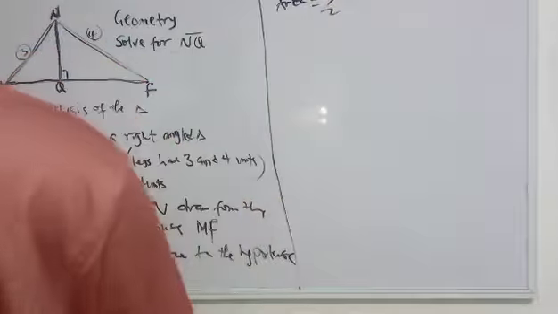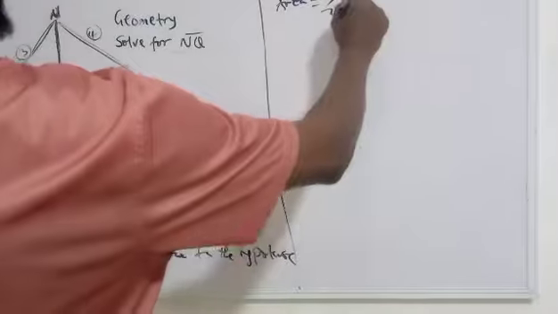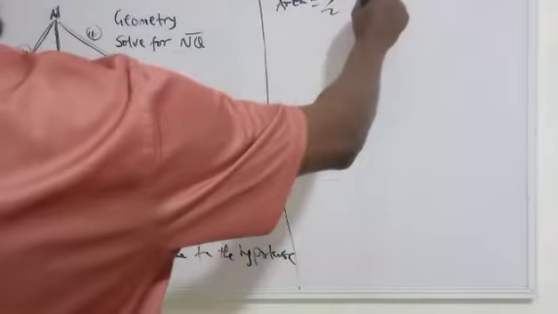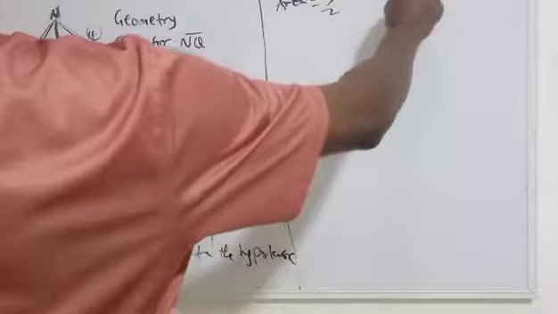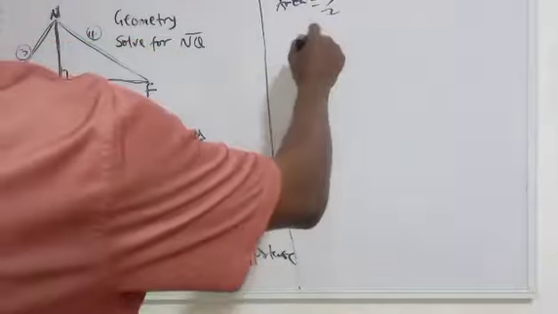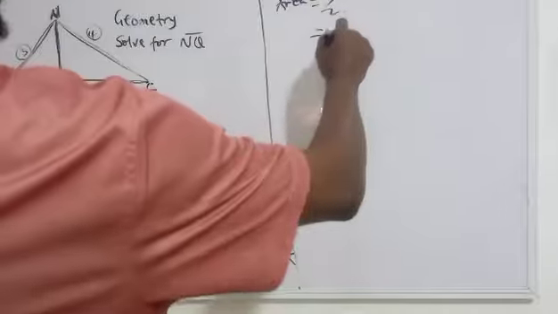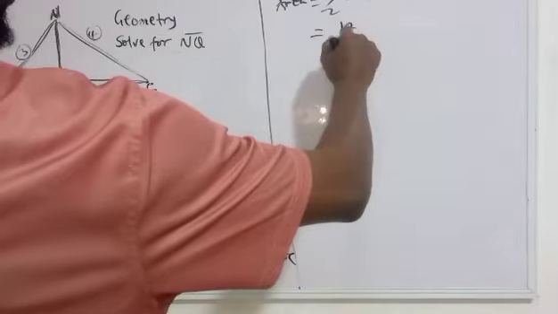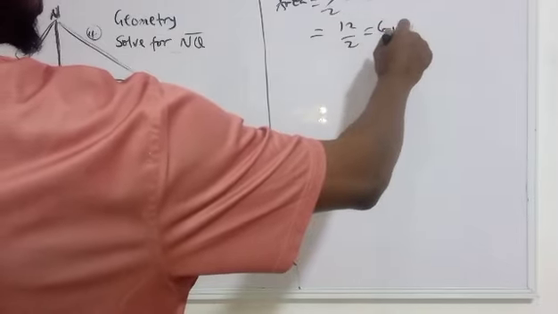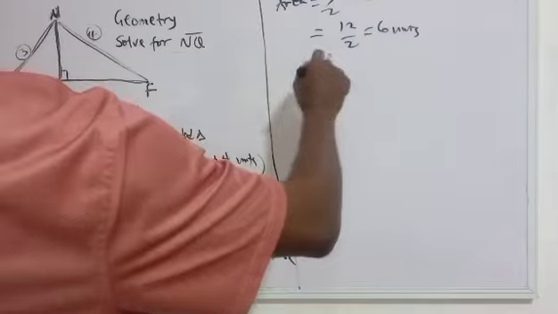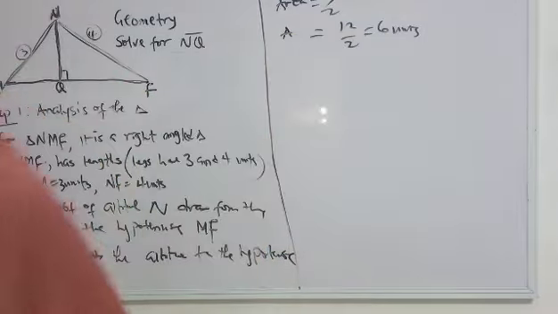So we're going to use, our first leg is 3 units and our second leg is what? 4 units. So simplifying this further, we are going to have 12 over 2, which will give us 6 units. So our area now is 6 units.